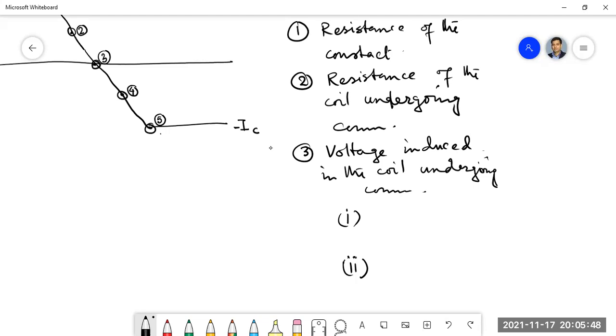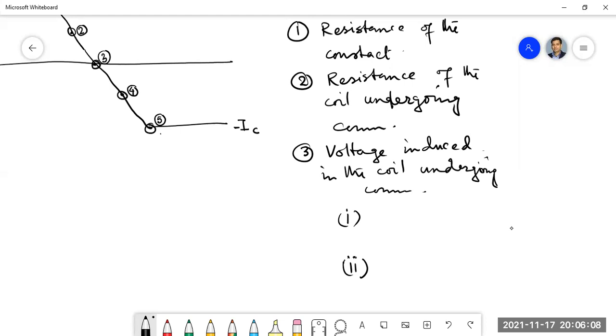Now what type of voltage is it? There are 2 voltages. One is called the transformer EMF, another is called the speed EMF.